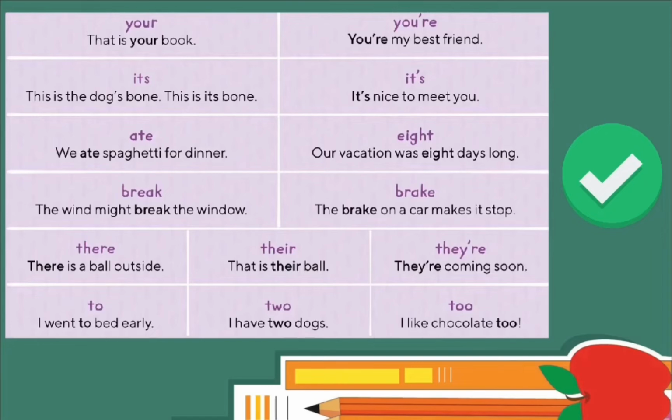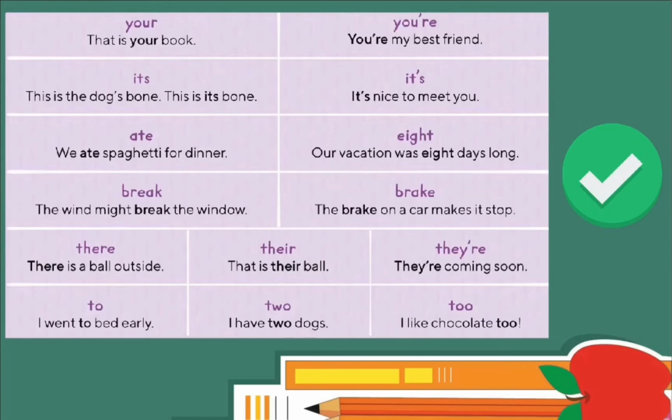Its. This is the dog's bone. This is its bone. Also, it works as a belonging or ownership. It's nice to meet you. This is a contraction for it is.